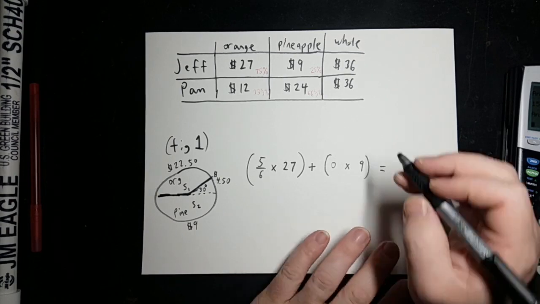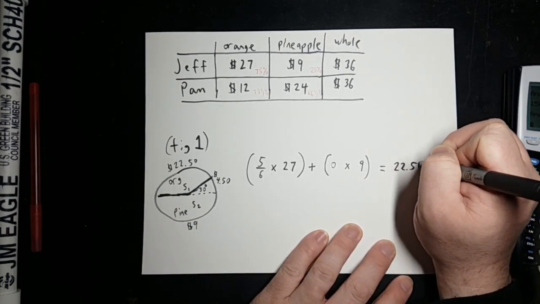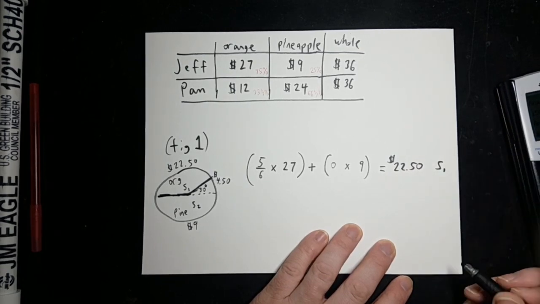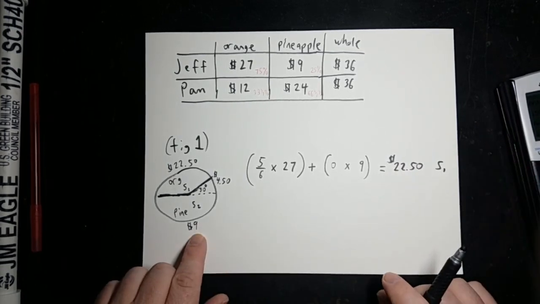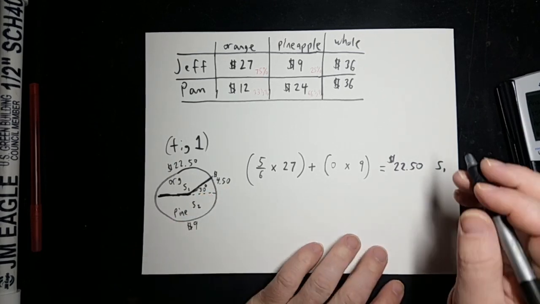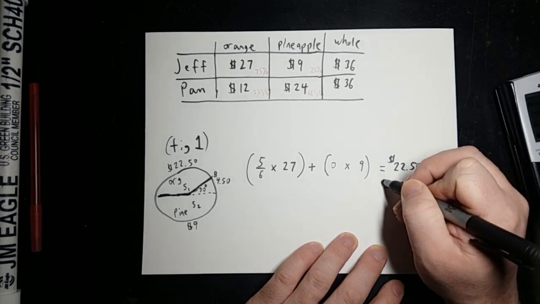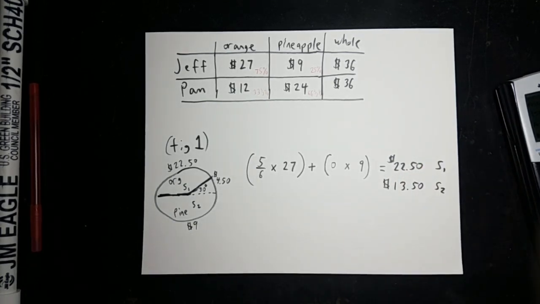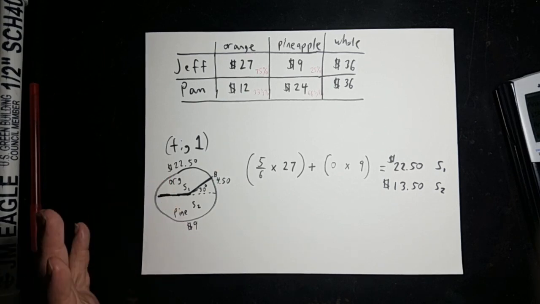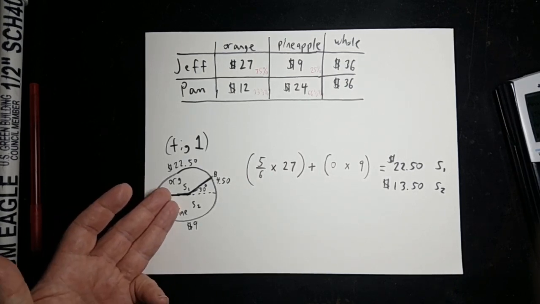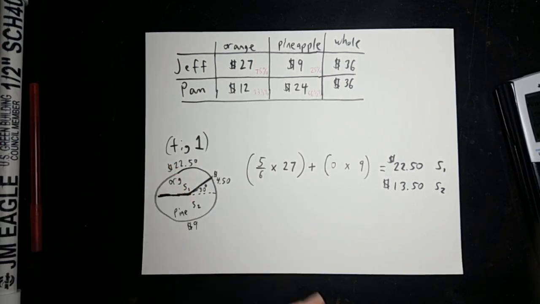What ends up happening is this is the value of slice 1 to Jeff, and then if you took the $9 pineapple and the $4.50 itty-bitty slice and added them together, it'd be $13.50 for slice 2. These are the values of each slice to Jeff. Now if Jeff is the divider, Jeff didn't make this particular cut. This is not the answer to number 3. This is just the calculation within number 2.